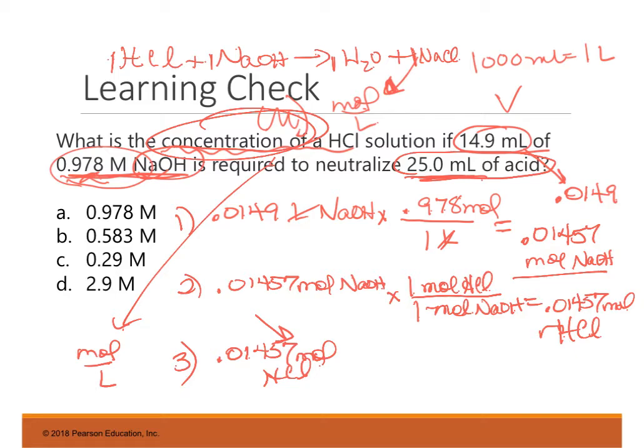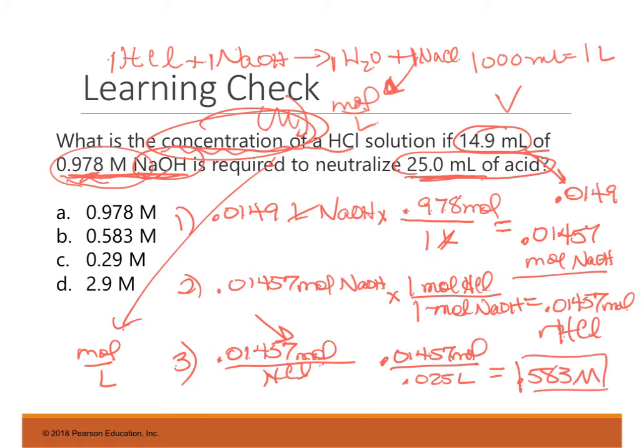So if we take the moles that we just calculated and divide them by 0.025 liters, let's see what that gives us. That gives us a molarity of 0.583 for the HCl. So the correct answer was B.